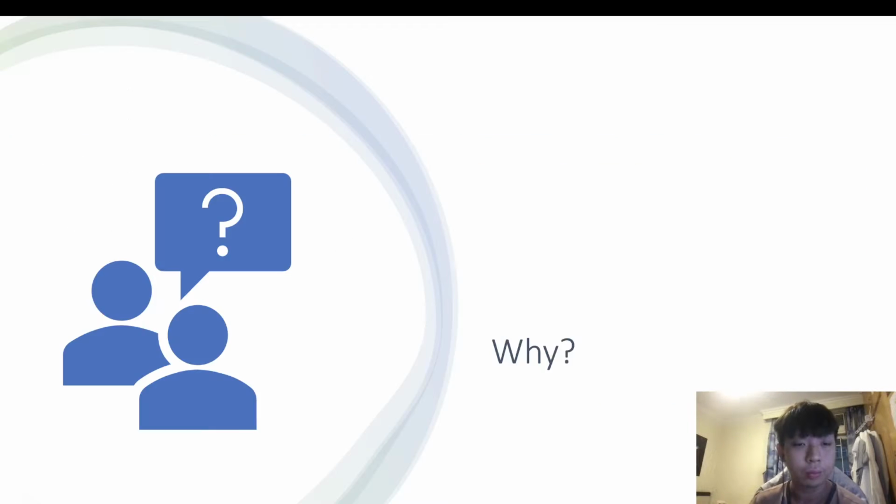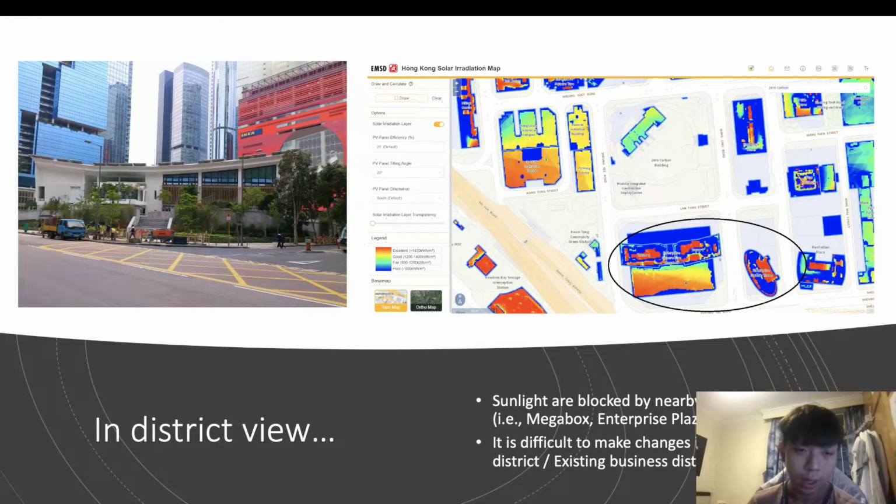And why? Since there are some neighborhood buildings much taller and higher, high-rise buildings, that block all the sunlight from reaching these PV panels.